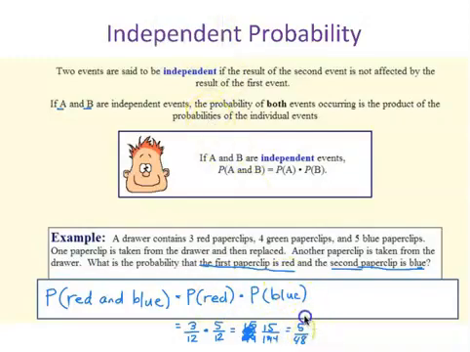We'll go ahead and leave this as a fraction. Remember, we could put it as a decimal and a percentage, but let's just leave that as a fraction. So that's how we find the probability of independent events. It's pretty straightforward. Find the probability of each event occurring on their own and then multiply those two together.